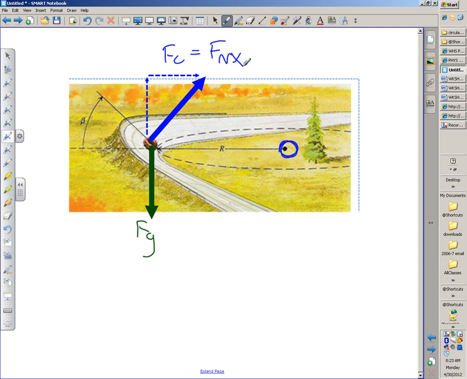An important thing that we discussed: if this road is banked at a certain angle theta, that same angle theta will show up in this picture right there. Right? It shows up between the actual normal force, the solid blue arrow, and the vertical component of the normal force.